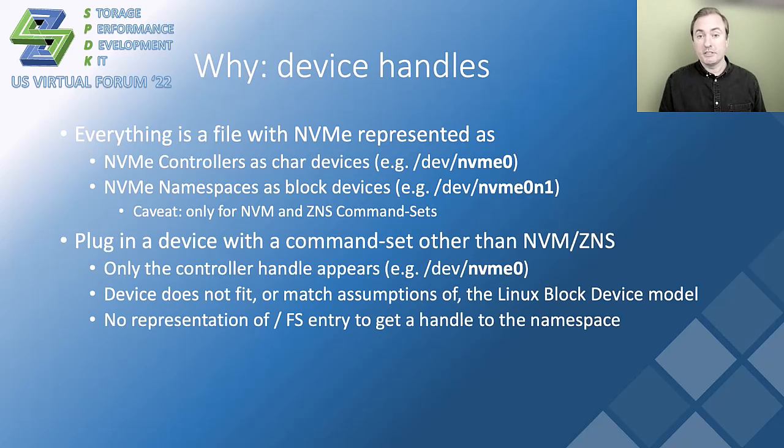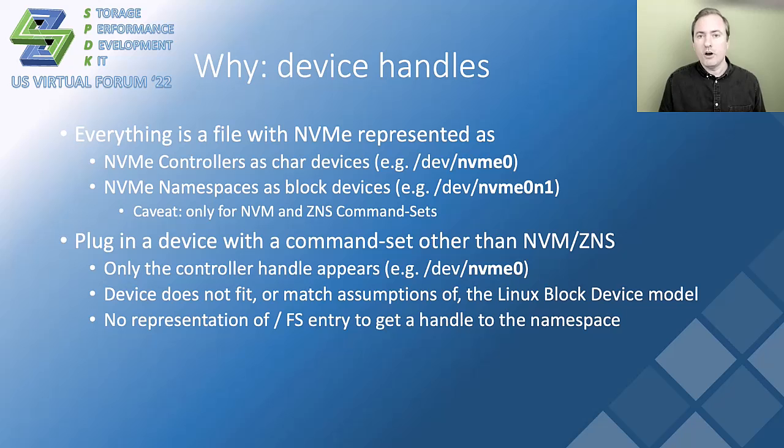However, when you then plug in a device that doesn't have an NVM or CNS command set on the namespace, well, then only the controller handle appears. And that's because the block encapsulation of the generic storage abstractions of files and blocks cannot represent what a KV SSD does.